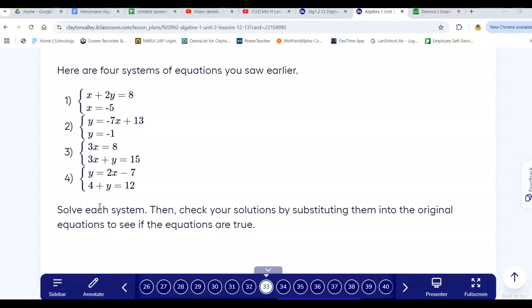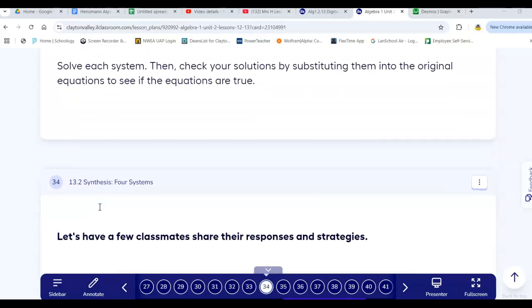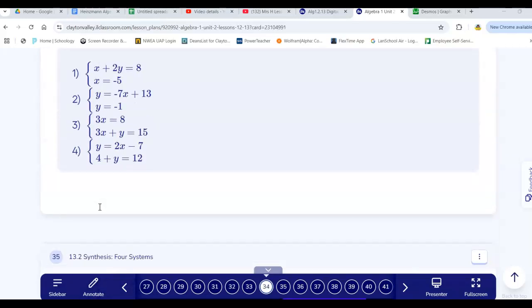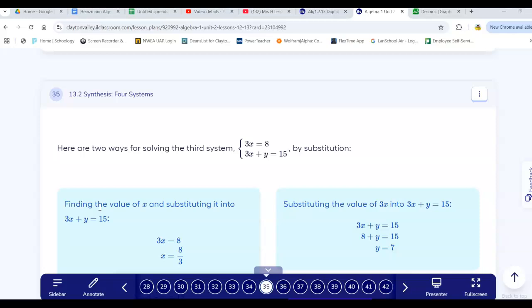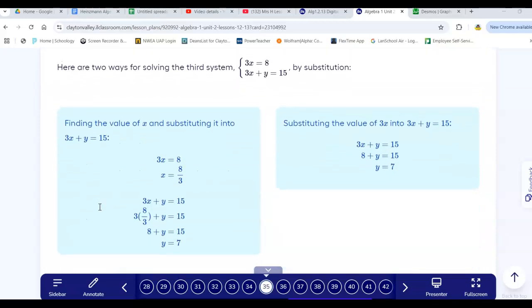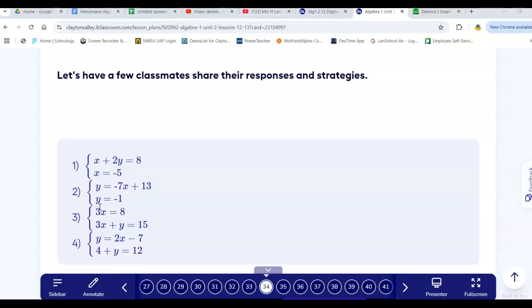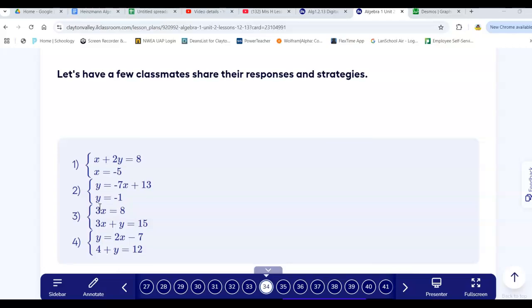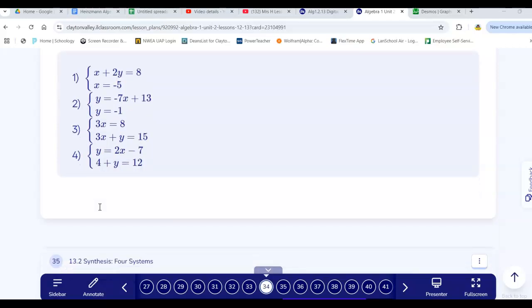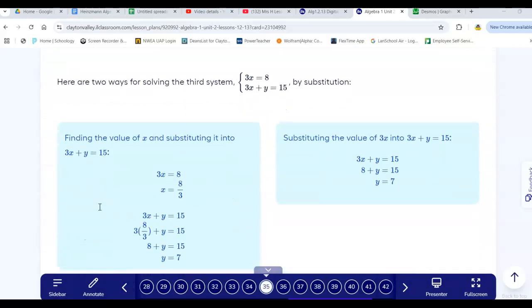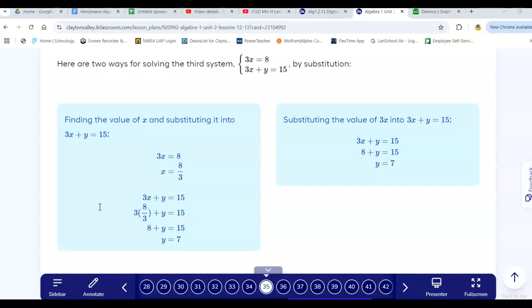So that's what you're going to do for the beginning of this activity. And of course, we're not going to do this here because you're going to be doing this yourself. So let's take a look at this third system.